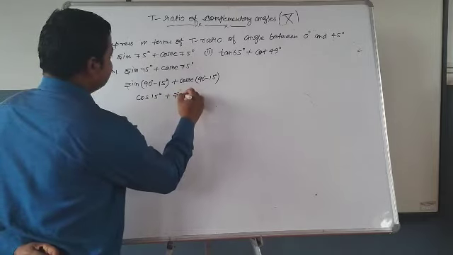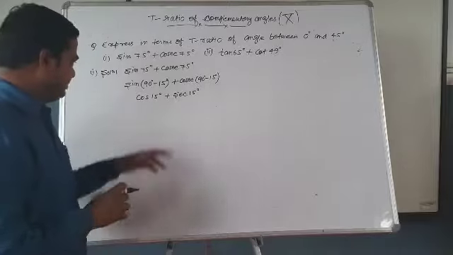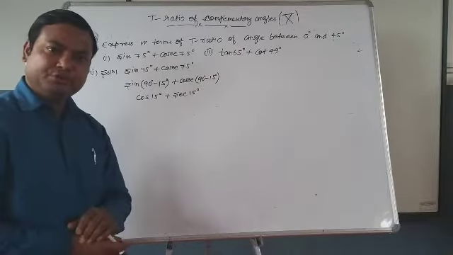Then cos 15 plus sec 15. Now 15 is between 0 and 45 degrees.